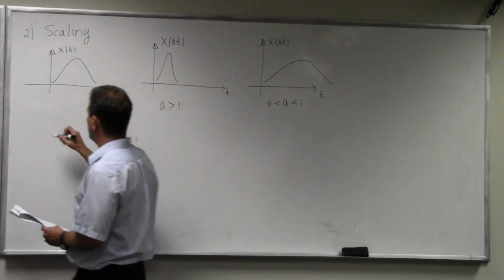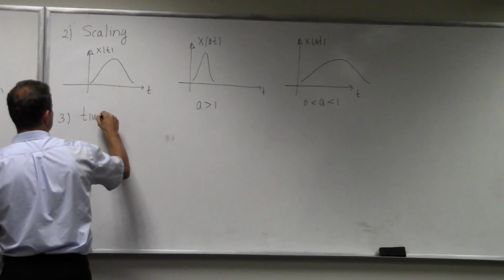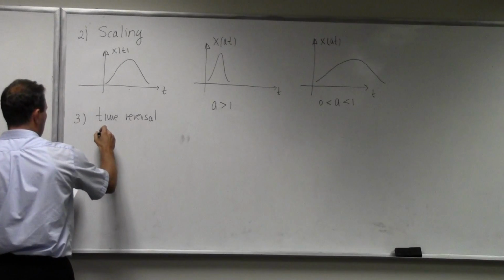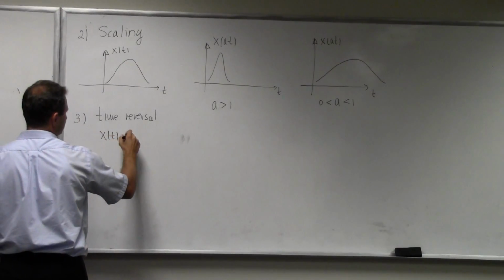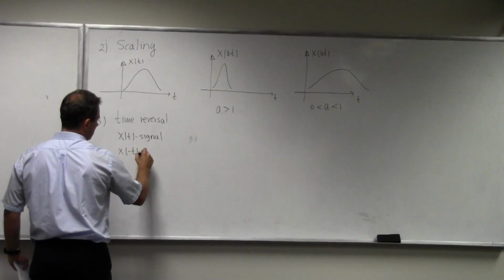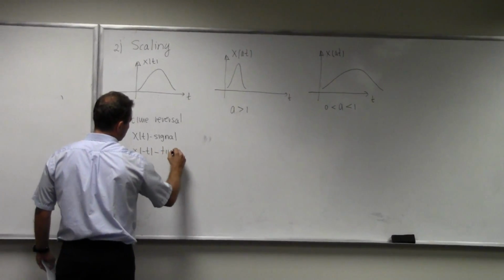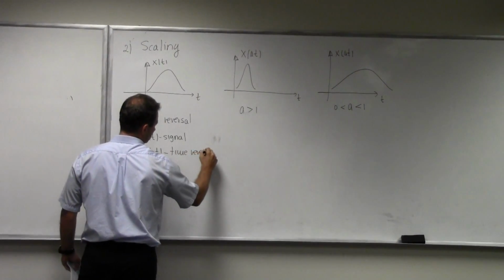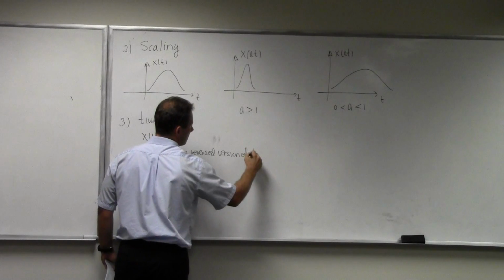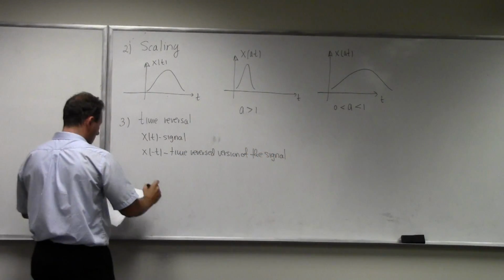The third operation that we're going to do all the time is time reversal. If x of t is some signal, then x of minus t is a time reversed version of the signal. Okay, so how do they look like?